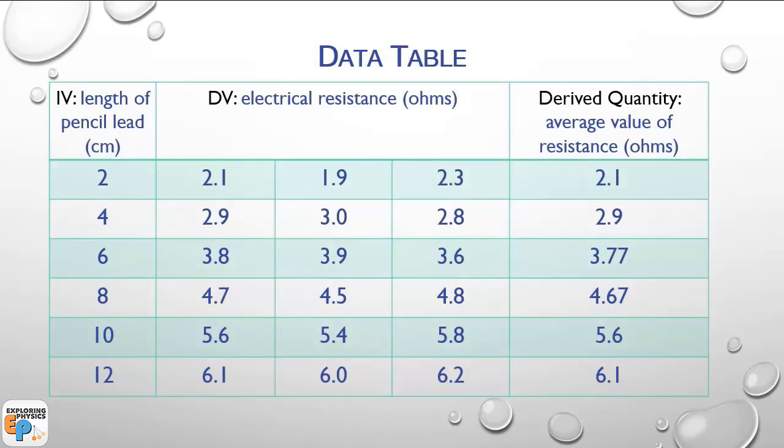Here are the values obtained for the 3 trials. The average value of resistance is calculated for each value of our independent variable. We will use this data to generate a graph of the average resistance versus length.